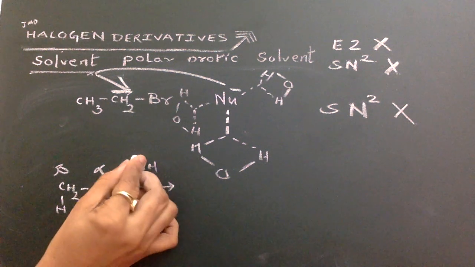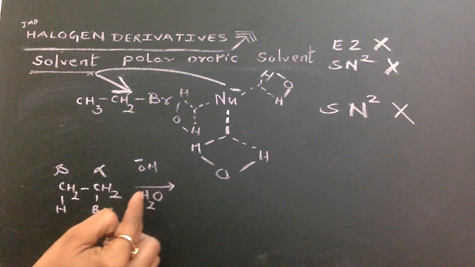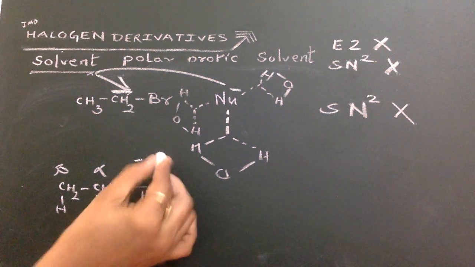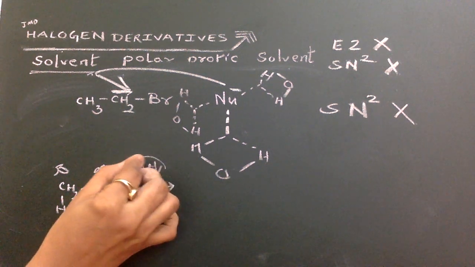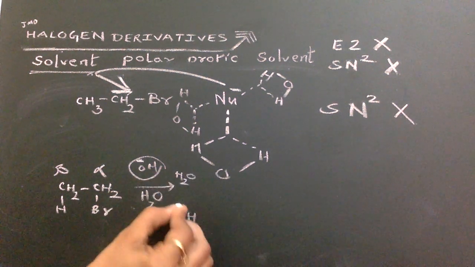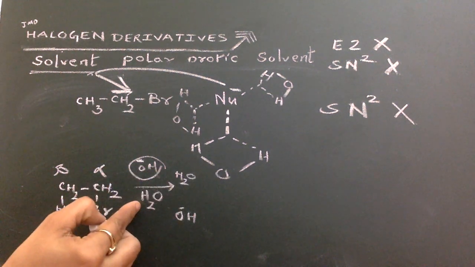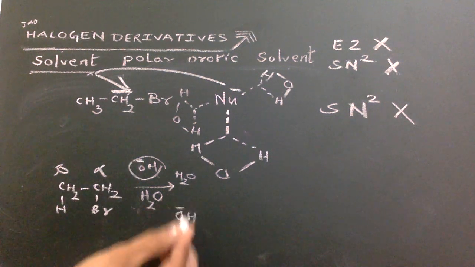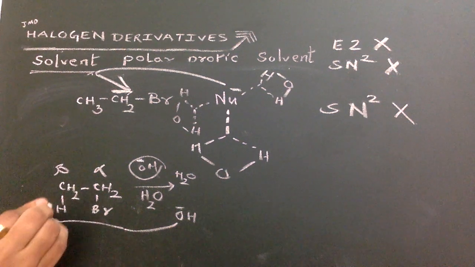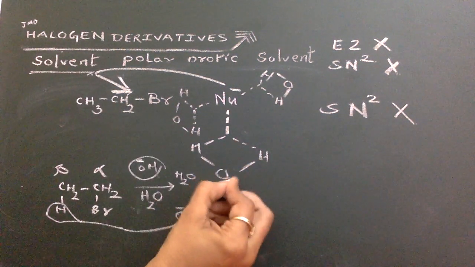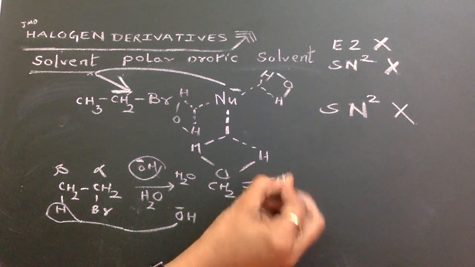Why? This OH minus can take proton from this water, and when it takes proton from water, OH becomes water, but water becomes OH. सीधी बात है ना, OH माइनस ने अगर यहाँ से एक हाइड्रोजन लिया तो ये H2O हो जाएगा और ये OH रह जाएगा, तो किसी भी हालत में OH माइनस तो होगा ही, so it can abstract this beta hydrogen and elimination can take place and we can get the product alkene.